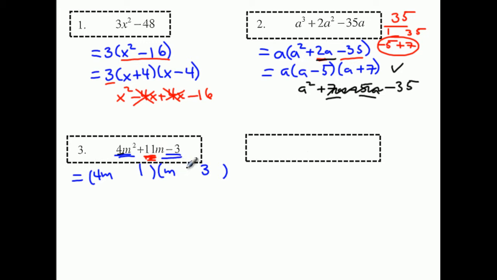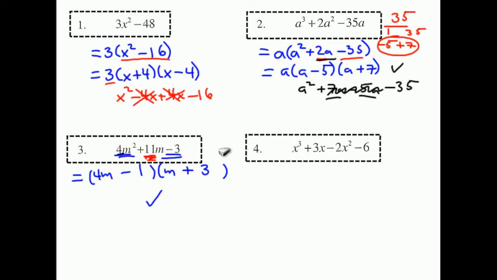So we could try a positive 3 and a negative 1 here. So front ends give 4m squared. 4m times 3 gives 12m. Negative 1 times m gives negative m. So 12m minus m gives us 11m. And then the back gives us negative 3. So that one works.